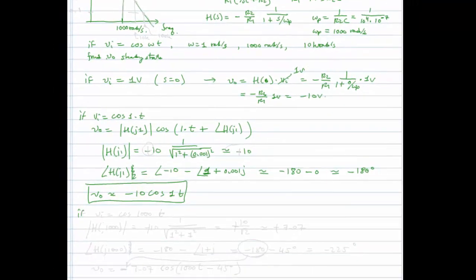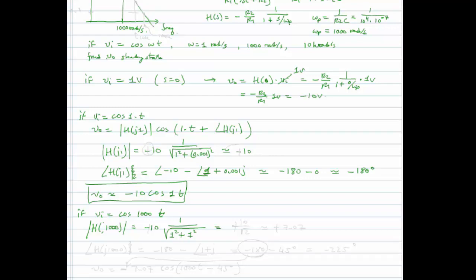Right. If VI is equal to cosine 1000 t, then we have the magnitude of H of j1000 is now minus 10 times 1 over the square root of 1 squared plus j1000 over 1000, which is basically 1, so 1 squared.